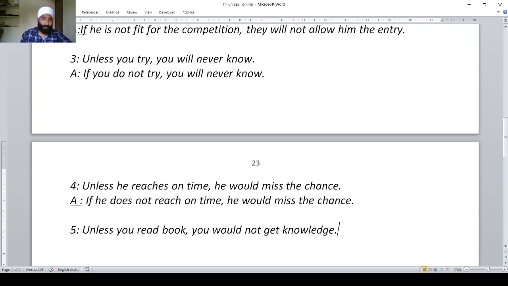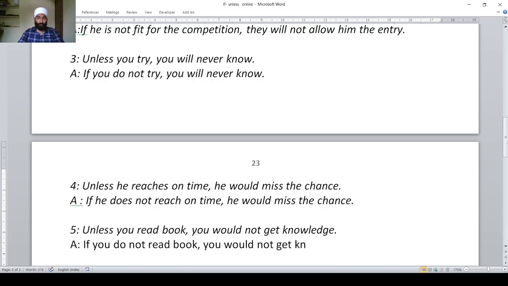Come to the fifth example. Unless you read book, you would not get knowledge. Answer: if you do not read book, you would not get knowledge.